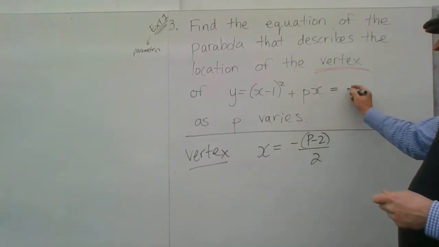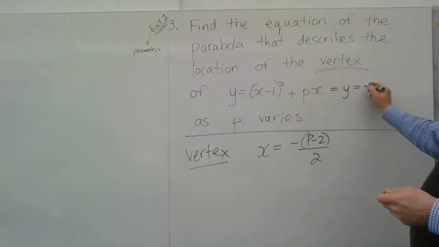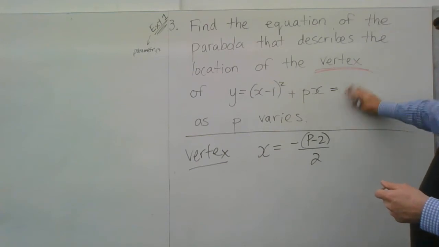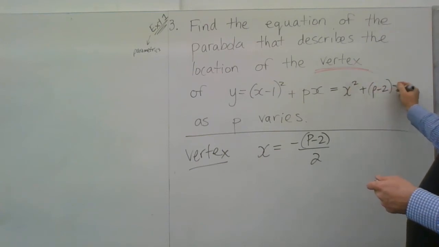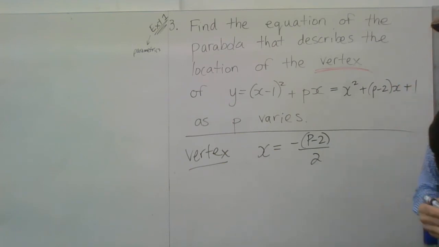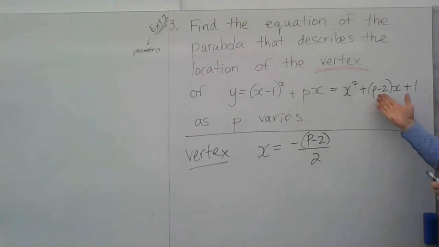Because this equation from before is x squared plus (p minus 2)x plus 1.